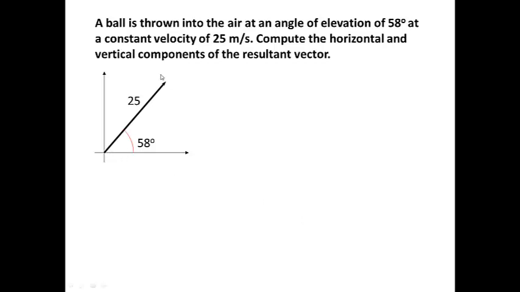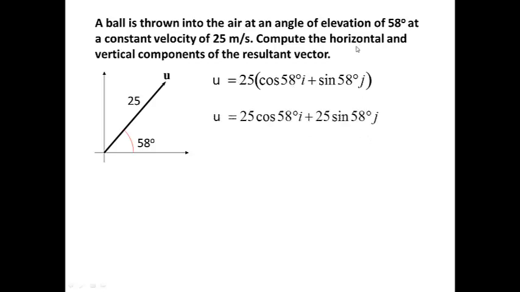Okay, so this is my resultant vector, and I want the part that goes this way and the part that goes this way. My vector u, so I'm going to say 25 cis 58. So my horizontal component is just the cosine of 58 degrees times 25. And my vertical component is just sine of 58 degrees times 25.